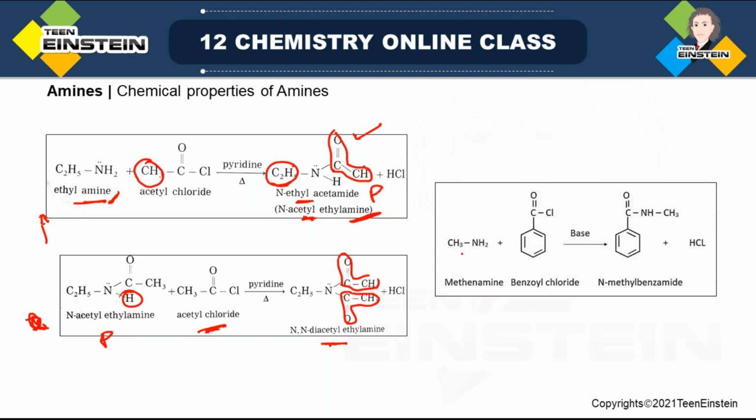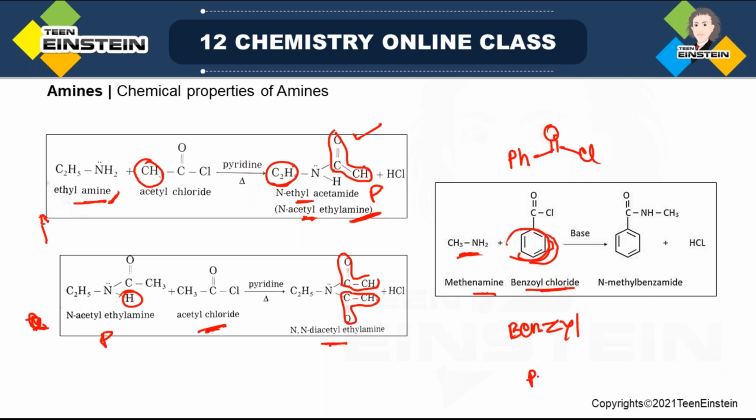Another example, now we have started with methylamine or methanamine and benzoyl chloride. So now the R prime group is benzene ring and the name is benzoyl chloride, or you can also write it like this, PhCOCl. Remember, benzyl and benzoyl are not the same.